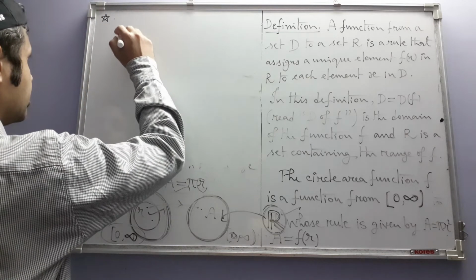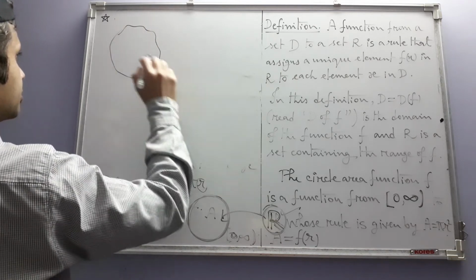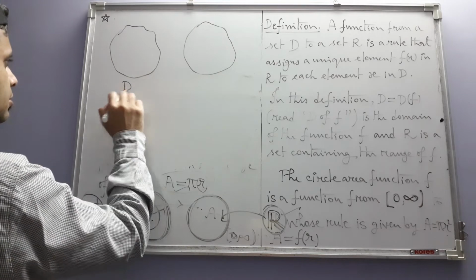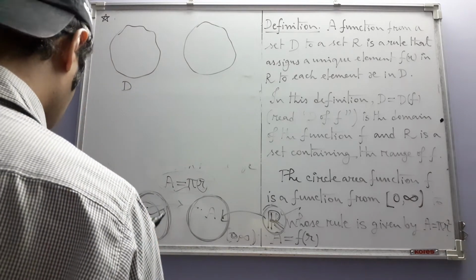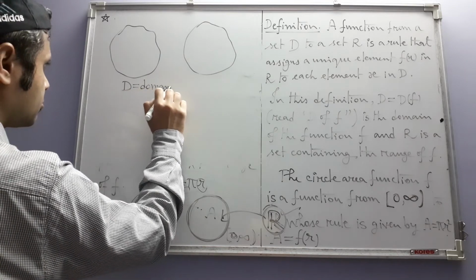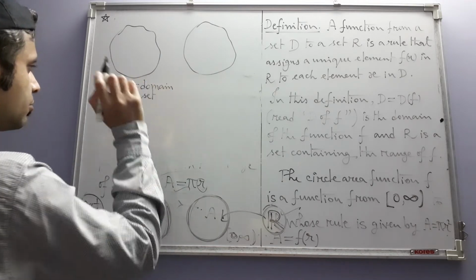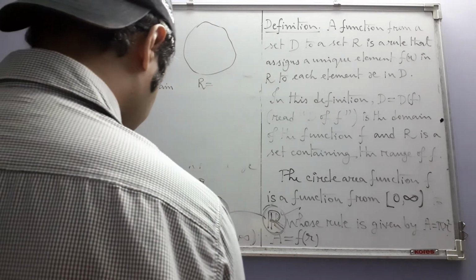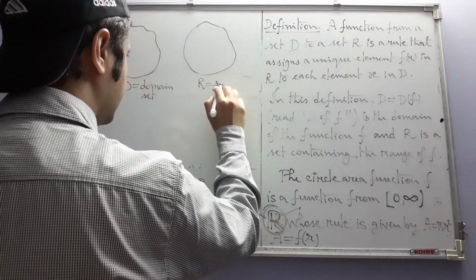So there is a pictorial representation of a function like this. This is D, which is the domain set, and this is R, a set containing the range.